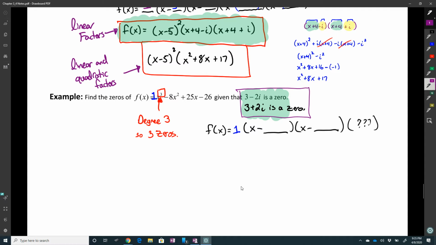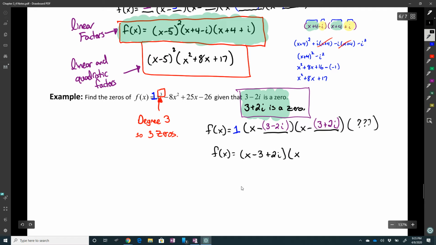The zeros they gave us are 3 minus 2i and 3 plus 2i, and I'm going to put those in parentheses. So f of x is equal to, I don't have to say 1 times, I can just ignore the 1, x minus (3 plus 2i), x minus (3 minus 2i), and then this missing one that we want to figure out. I know there are only 3 of them because there are 3 zeros.